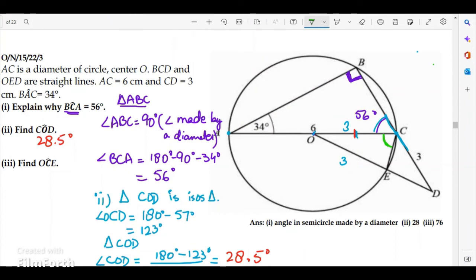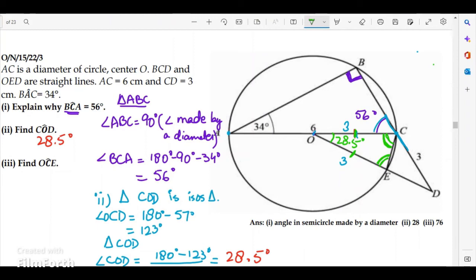I know this and this, they are equal, so this makes isosceles triangle, hence this angle would be same as this angle. And this angle I already figured out is 28.5 degrees. I figured that out in second part. So these base angles would be equal. We could again apply the angle sum of triangle thing.